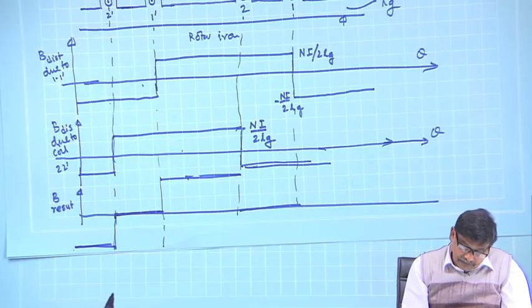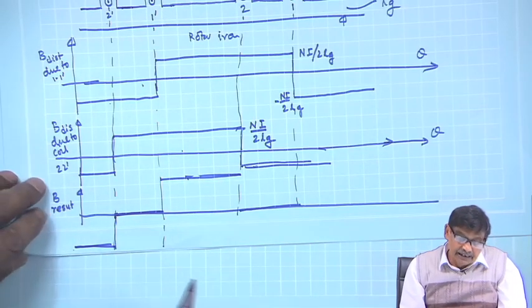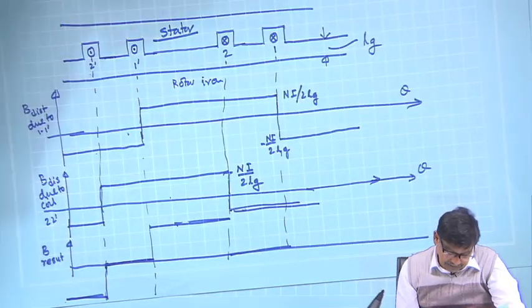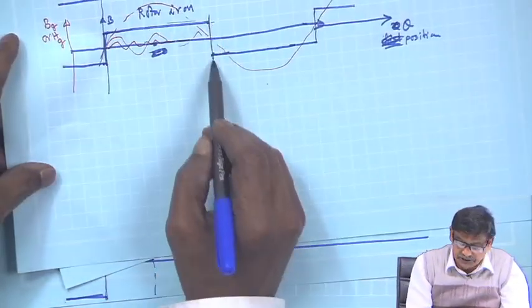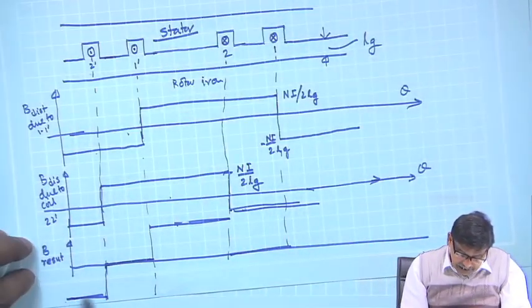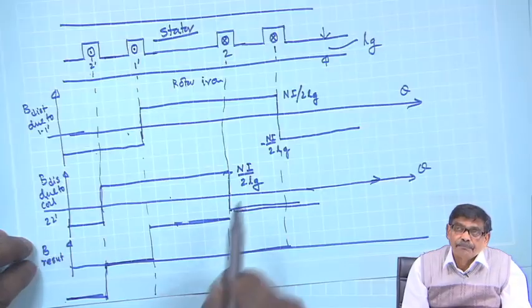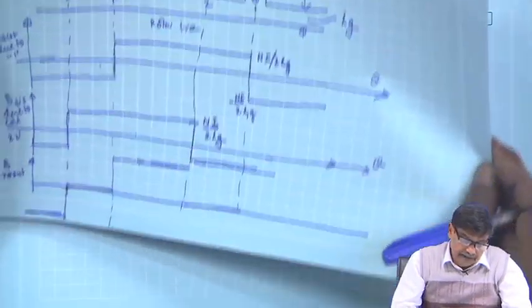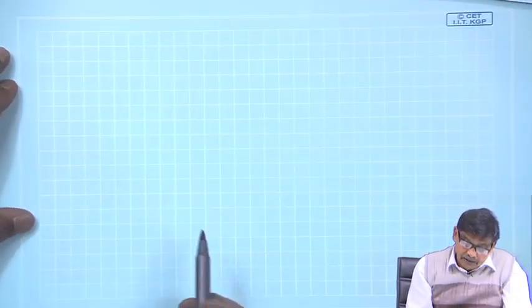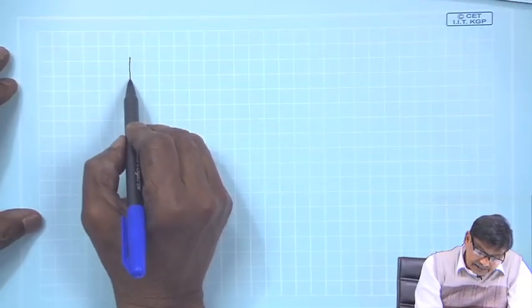Got the point? Therefore, you see earlier there was a distribution like this, which was a sharp pure square wave. Now, we will have a stepped waveform. In fact, the MMF distribution or B distribution can be made like this.